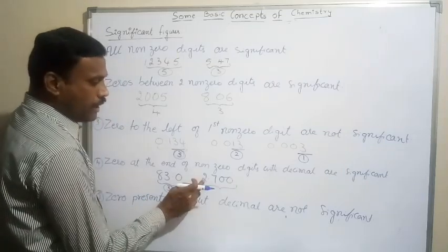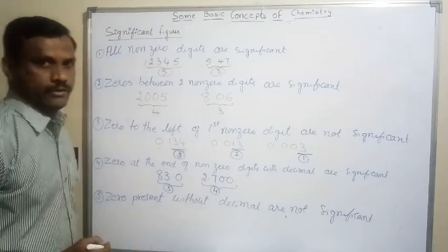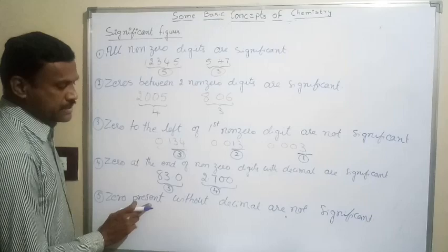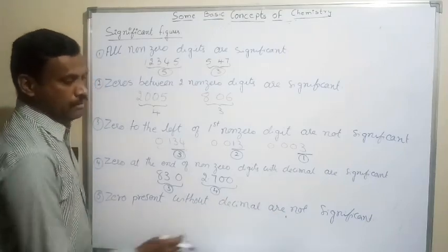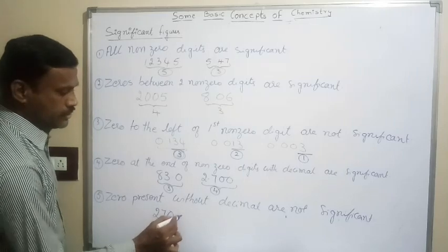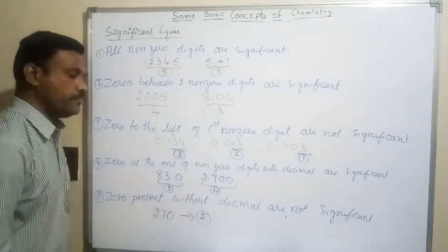And here 1, 2, 3, 4, it has 4 significant figures. And the last rule says zeros present without a decimal are not significant. 270, so the total number of significant figures here is 2.